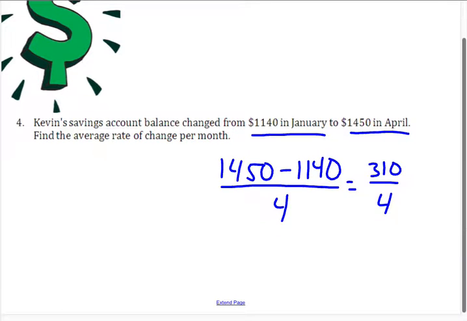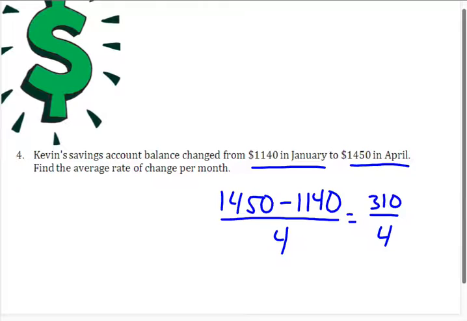Well, it's not working for me. Well, if you divide it, you should get $77.50. $77.50 per month. It's going down.